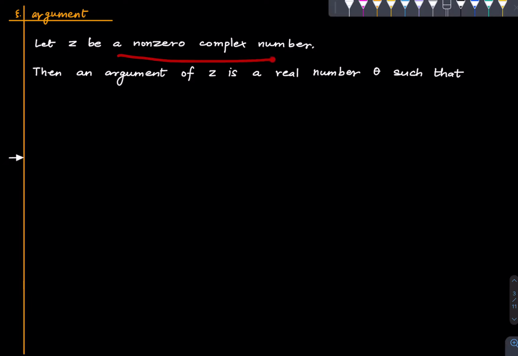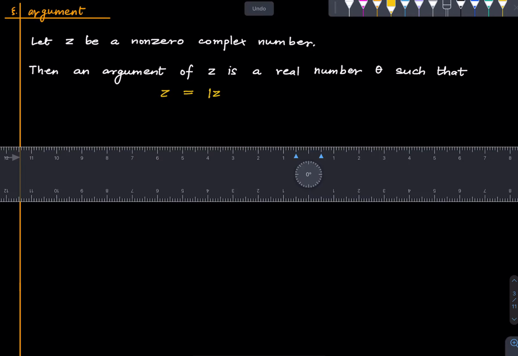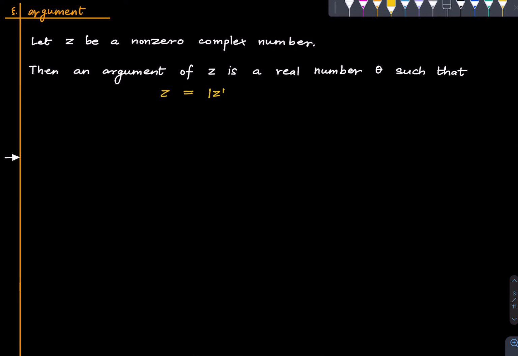So suppose z is a non-zero complex number. Then an argument of z is a real number theta such that z is mod z times (cos theta plus i sin theta).